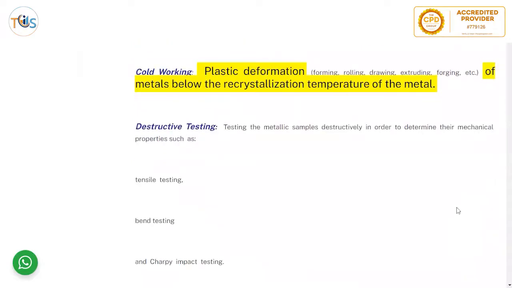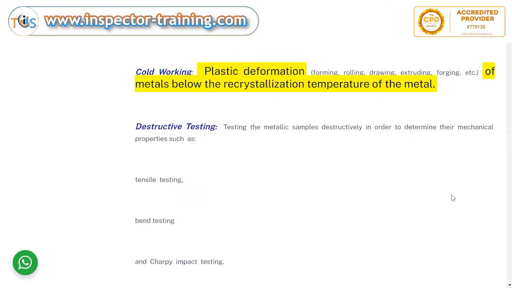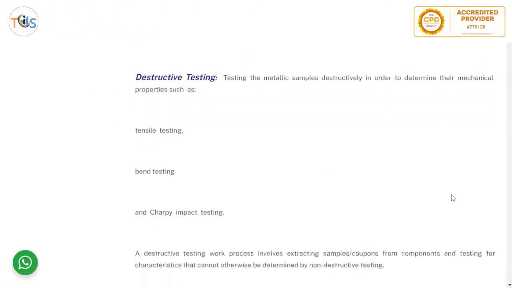Cold working is plastic deformation, forming, rolling, drawing below the recrystallization temperature of the metal. While hot working is again the same plastic deformation above the recrystallization temperature. So normally forging is done, for example, above the recrystallization temperature of the metal.